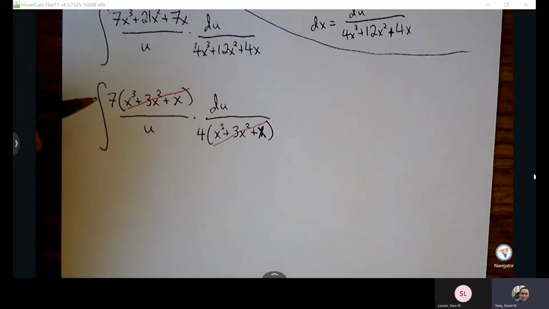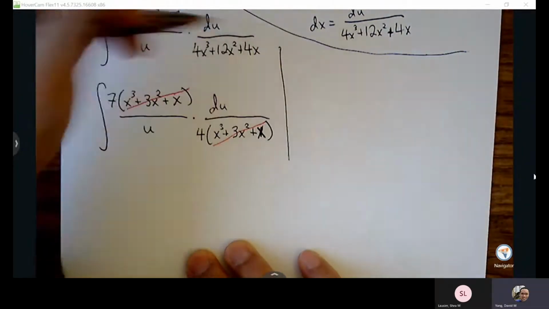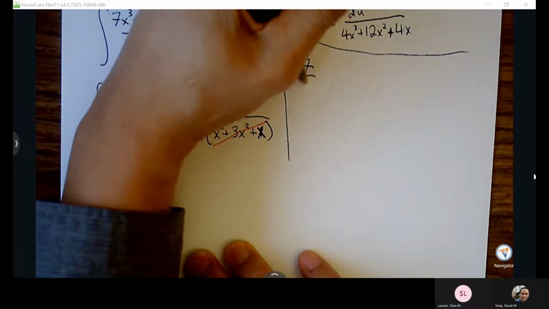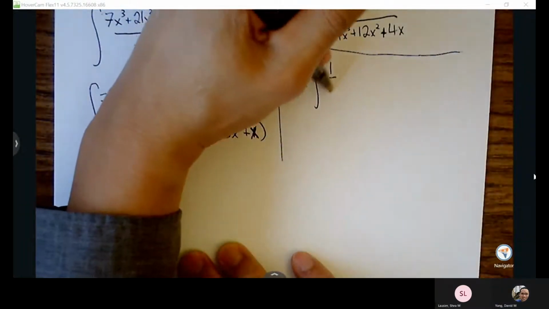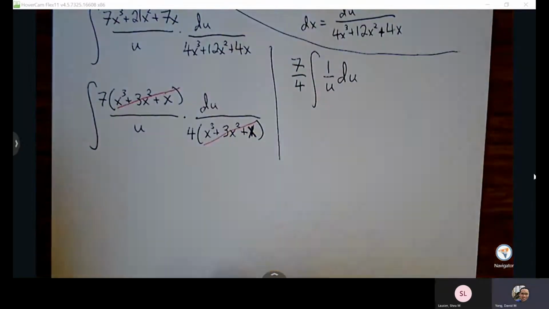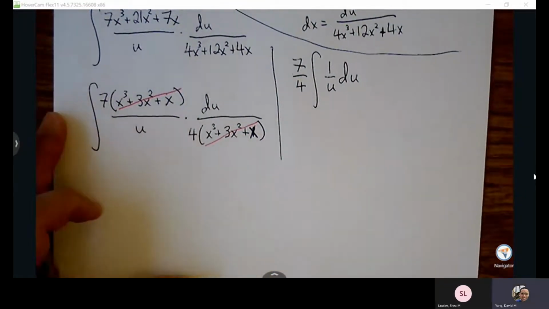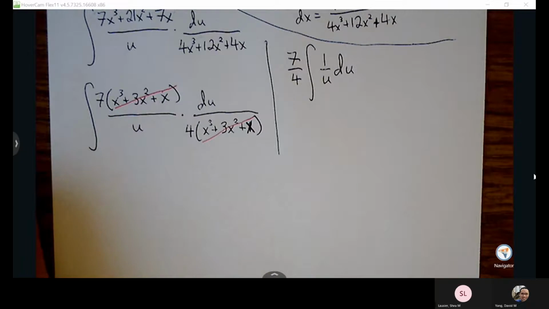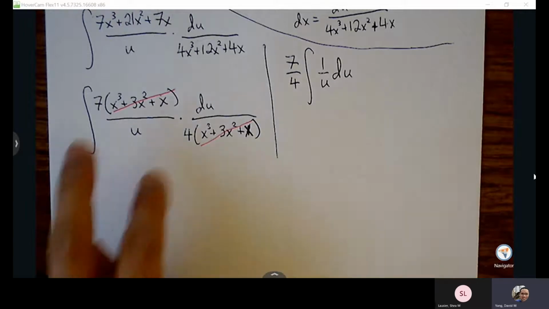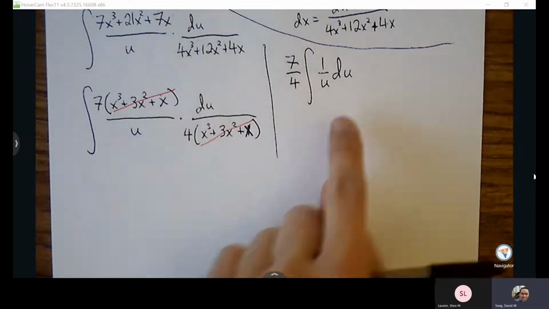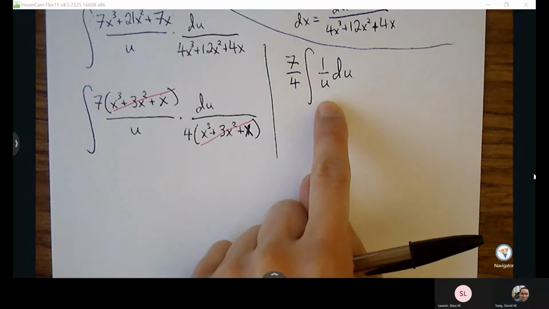And push that 7/4 out in front. All right, so this is nice, right? Take that 7/4 out, 1 over u du. We have natural log here.